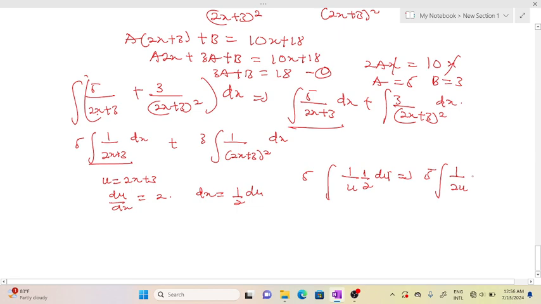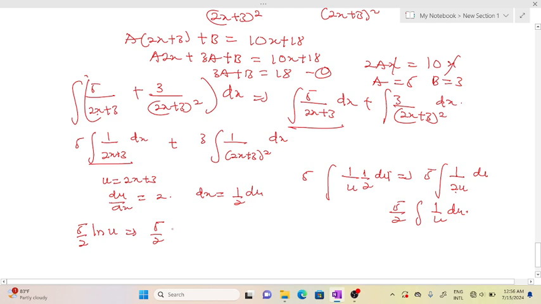These two can go out and I'll have 5 over 2 as the coefficient, 1 over u du. Remember that this is the same as natural log of u. So my first section solution is 5 over 2 natural log of u, which is 5 over 2 natural log of 2x plus 3. And that is for the first part.